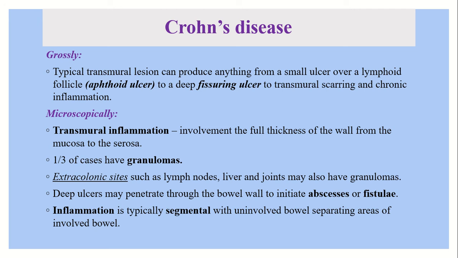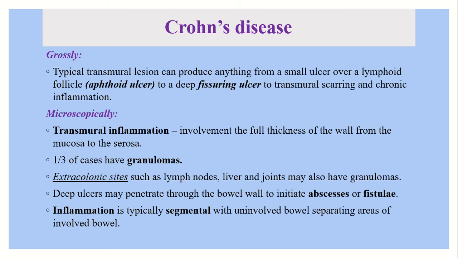Extracolonic sites such as the lymph nodes, liver, and joints may also have granulomas. Deep ulcers may penetrate through the bowel wall to initiate an abscess or fistula. Inflammation is typically segmental, with uninvolved bowel separating areas of involved bowel.